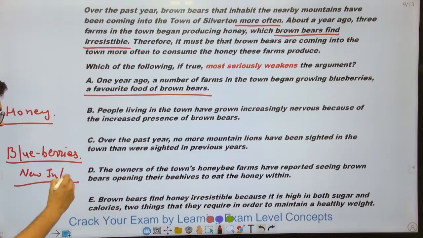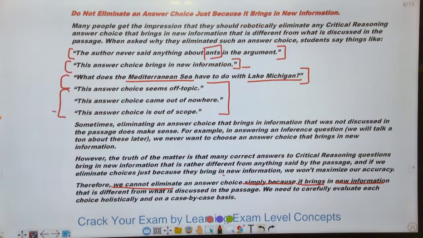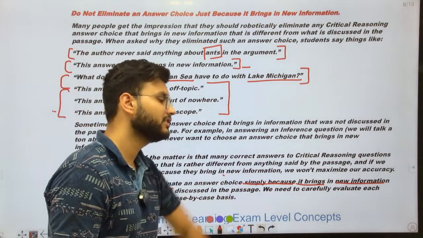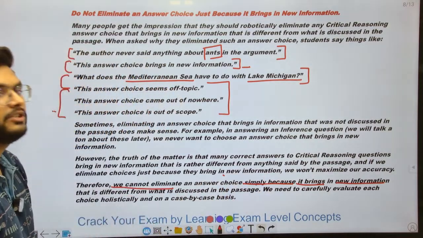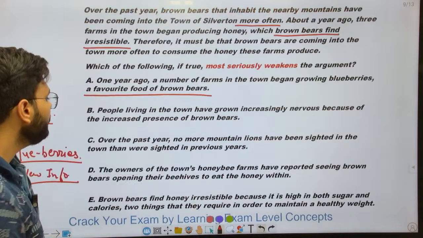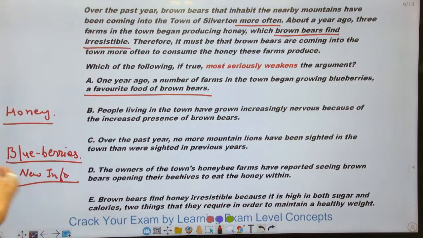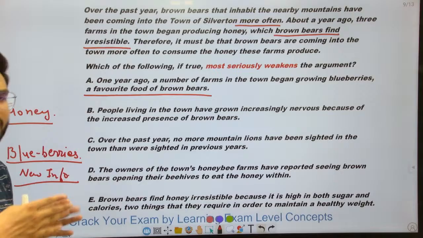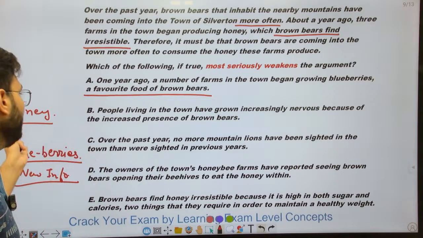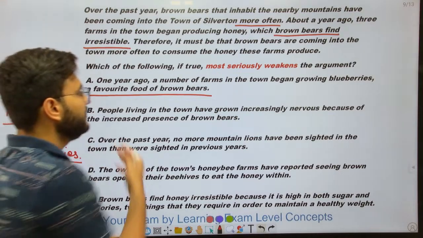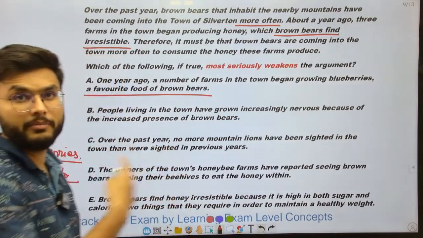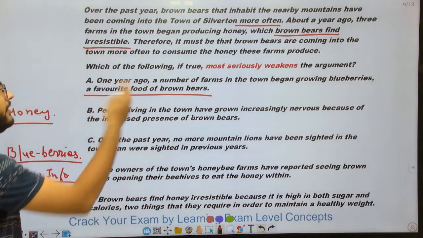And in the previous slide, I told you, we cannot just eliminate an answer choice simply because it brings new information. New information does not mean you can completely eliminate the answer choice. You have to think about the logical flow of it. Brown bears love blueberries. This is their favorite food.